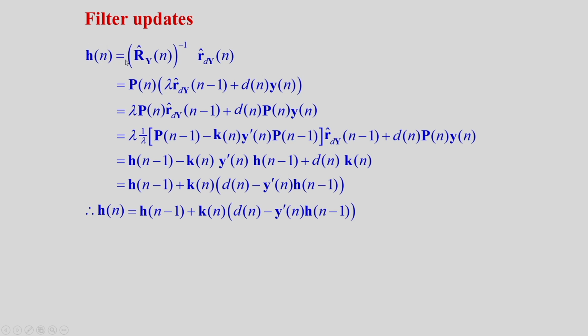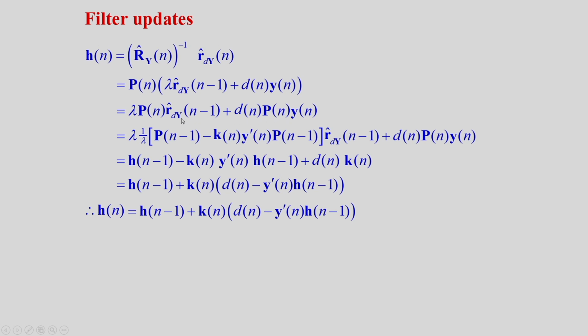So, Hn is equal to Ry hat n inverse into small r dy hat n. Now, this one we can write as Pn, because this is our notation, Pn into r dy hat n minus 1 plus dn into yn. So, that way we will get this expression is equal to lambda times Pn into r dy hat n minus 1 plus dn into Pn into yn.